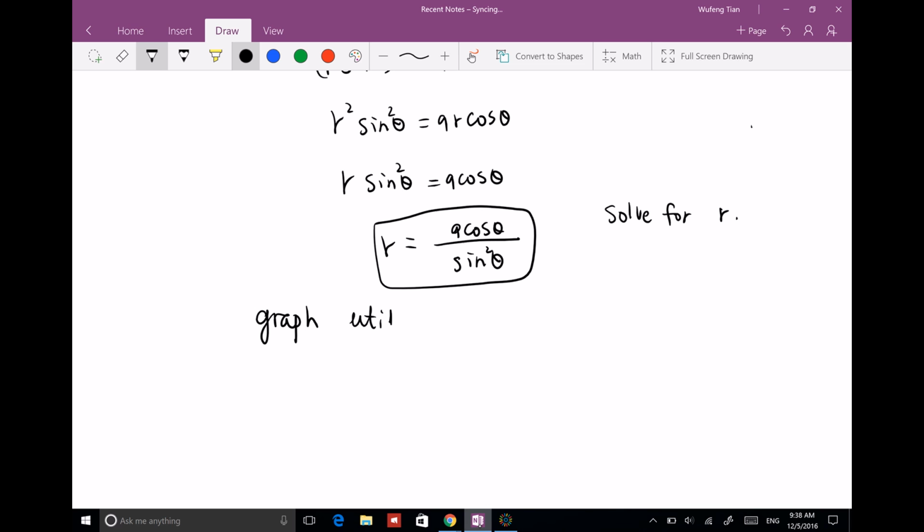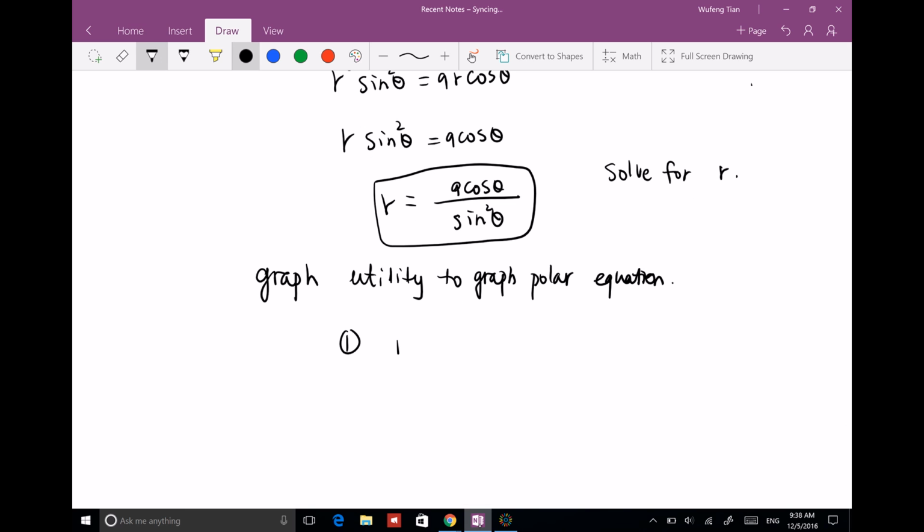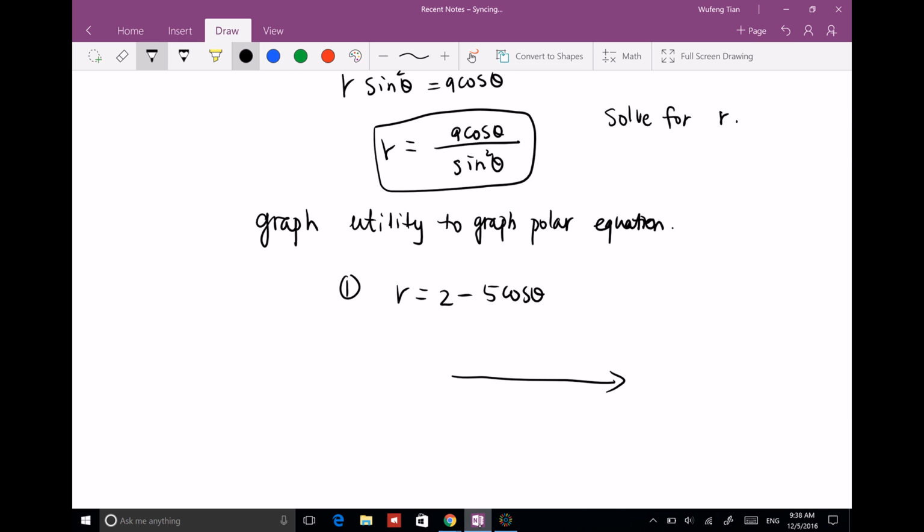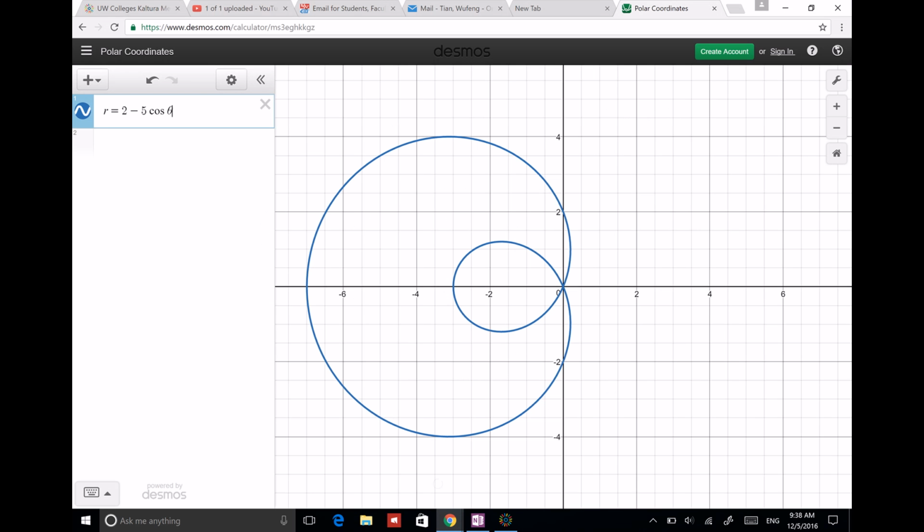It should not be very hard to graph a polar equation. And the first one we just did, r equals 2 minus 5 cosine theta, we have the picture like this. Got it. Okay, going back.